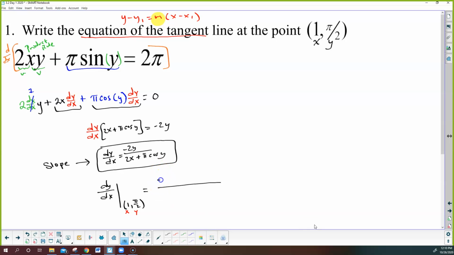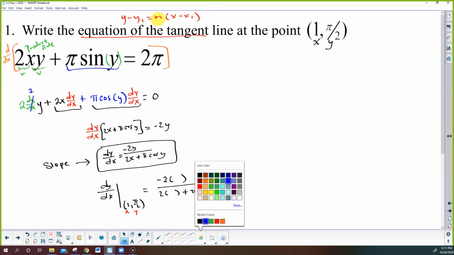All right. So all I'm going to do is plug in 1 for x, so there's an x here, and then I'm going to plug in pi over 2 wherever I see a y. And then we evaluate.